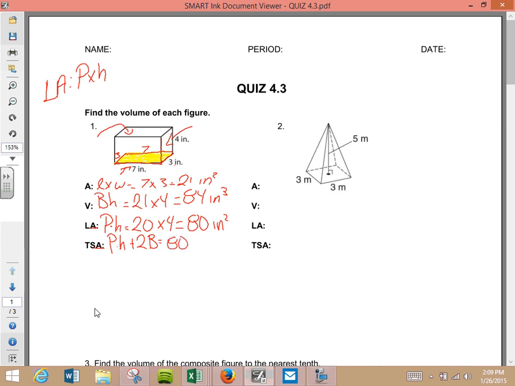That's 80. What is the area of the base? 21. So we get 80, which is what we got here, plus 42, right? What is it? 122 square inches. It doesn't matter which one you pick for the base, the total should have been the same.